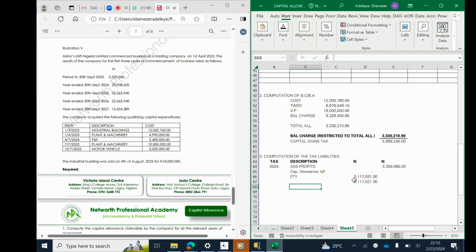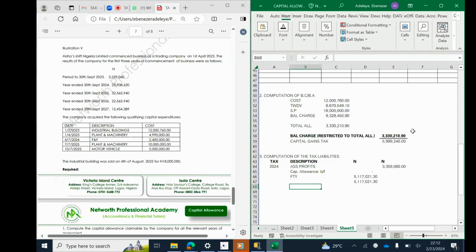Now, you will then recall that the law says that if it is a trading company, you must restrict the allowance to two-third of the adjusted profits.